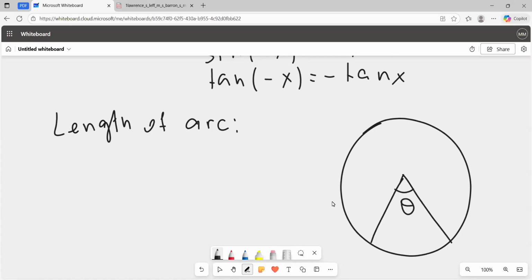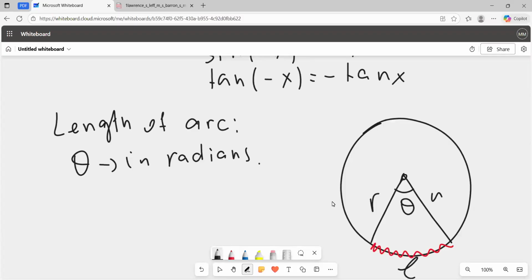If we have a central angle in radian measure, theta in radians, and consider that the radius of the circle is r, then the length of the corresponding arc L is equal to r theta. Okay?